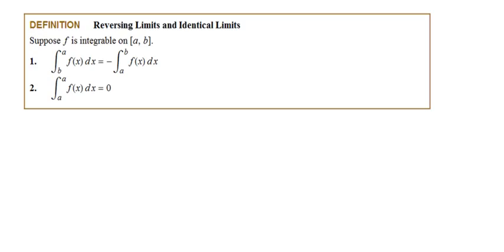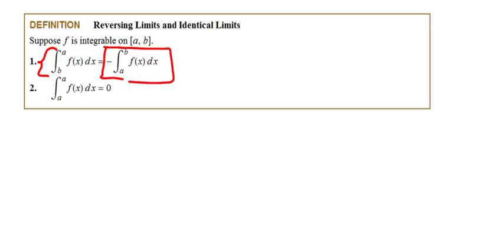So then I have reversing limits and identical limits. If we have a given standard form of this integration, it should be from A to B, lower bound to upper bound. But if they're giving us one where the values are switched, B to A, we can reverse our limits, but by taking the negative of the integration.